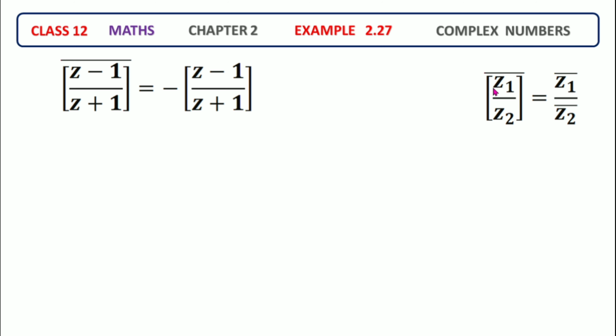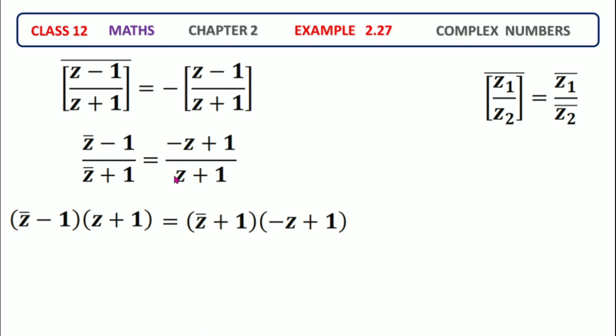So look at the formula: (z1 by z2) whole bar is equal to z1 bar divided by z2 bar. So using that conjugate, (z bar minus 1) divided by (z bar plus 1), here minus multiplied into the numerator, minus z plus 1, denominator same. Cross multiplying, (z bar minus 1) into (z plus 1), and on the other side (z bar plus 1) into (minus z plus 1).